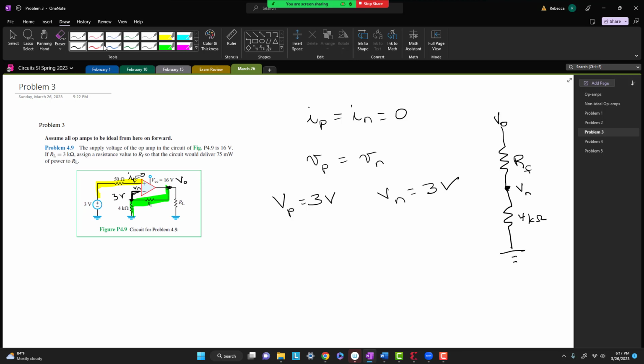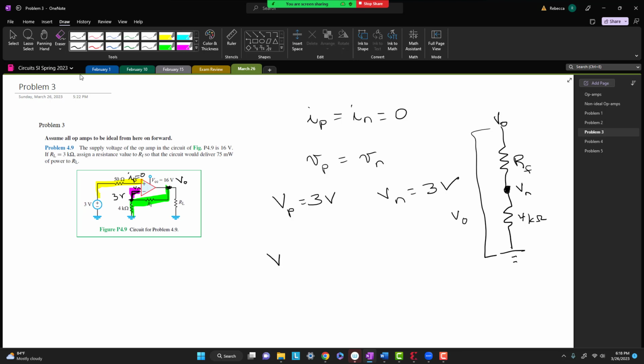Now, there is no current flowing in this part right here. So I can look at the green part here and just use voltage division on it, because there's no current going through that maroon part, because IN has to be 0. So my total voltage change from here to here is VO, and VN is my point in the middle.